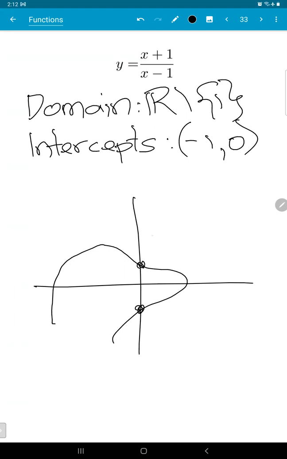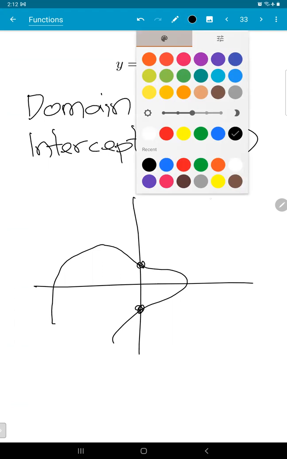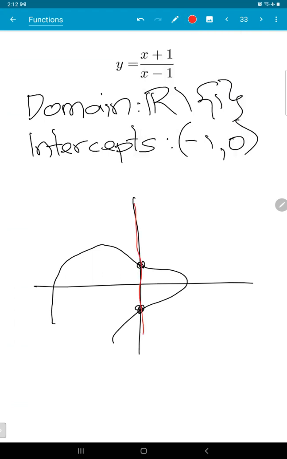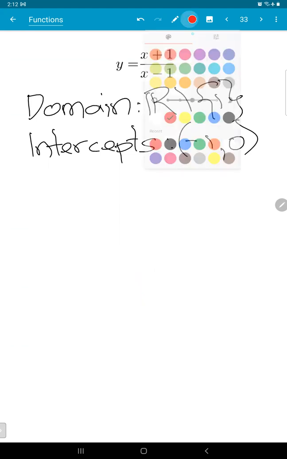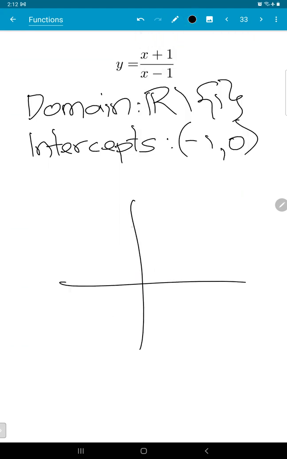By virtue of the vertical line test, this one is not a function. If it has two y-intercepts, say this one here and another here, by the vertical line test, it fails to be a function. That's why there is no more than one y-intercept.